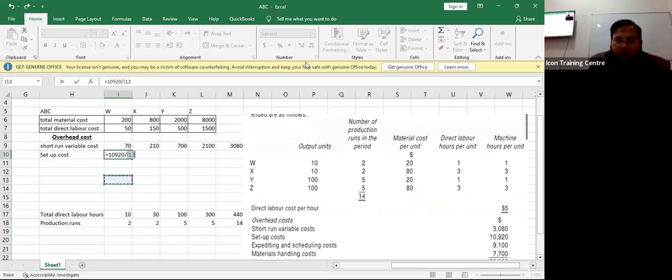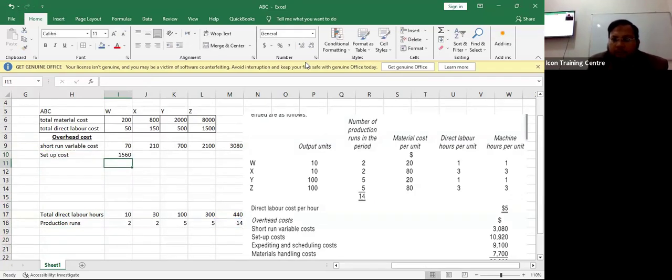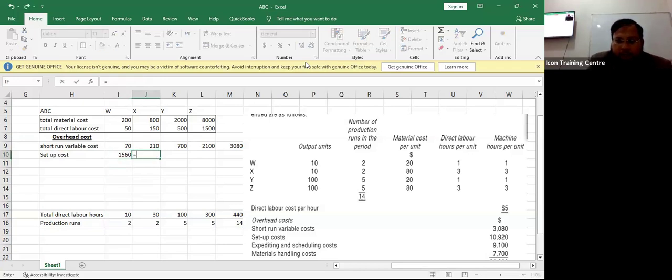Divided by how many total production runs? 14. And how many do we run for W? 2. So it is 10920 divided by 14 multiplied by 2.